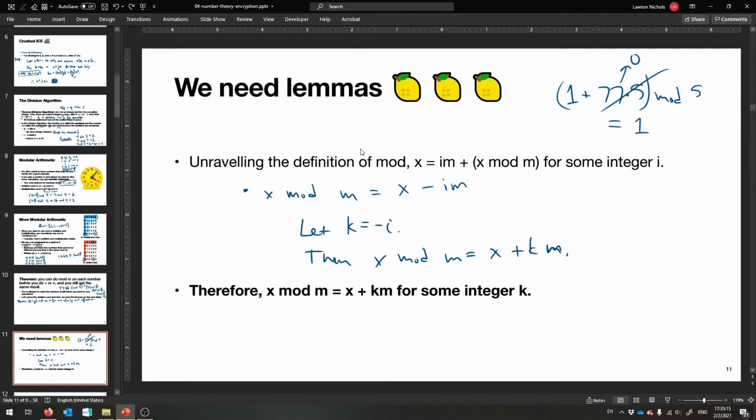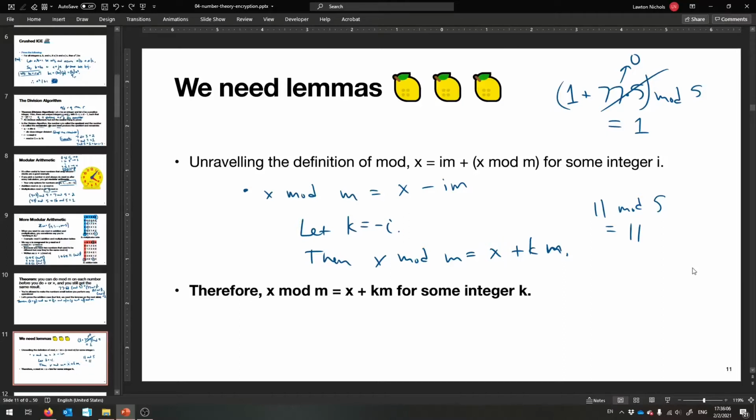So every time you do x mod m, there's some value that you can pick for k to make x that. Okay, so let's have a quick example, like, I don't know, 11 mod 5. So that equals 11, that's your x.